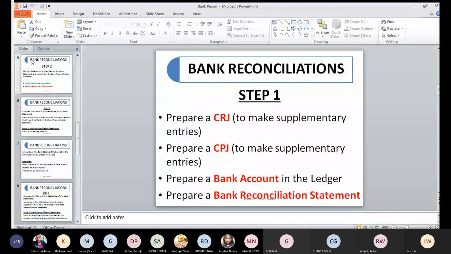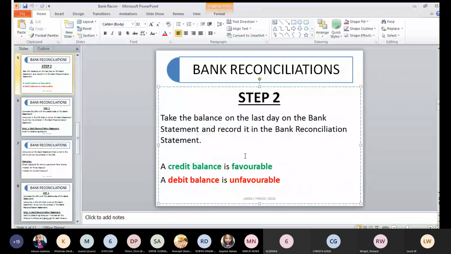Now in your step number two, we take the information on the last day on the bank statement, and you record that now into your reconciliation statement. Remember now, the bank statement balance, a credit balance is indicated as favorable and a debit balance is unfavorable, because this is coming from the bank. The bank is sending us this bank statement.